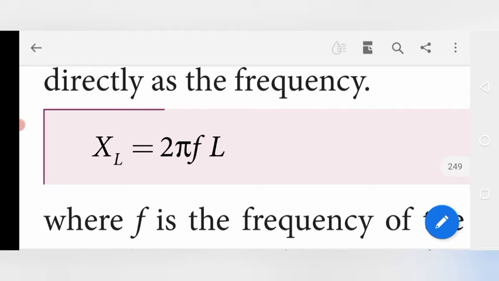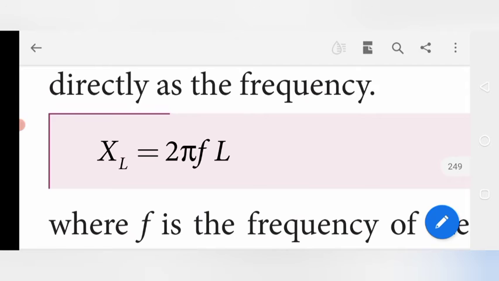For an AC current only, it is able to block the current because of producing the self-induced EMF. But in DC current, that is a steady current, it cannot react as an inductor.